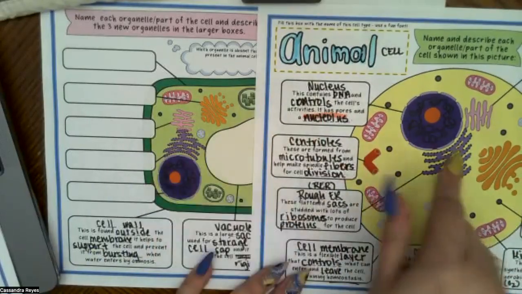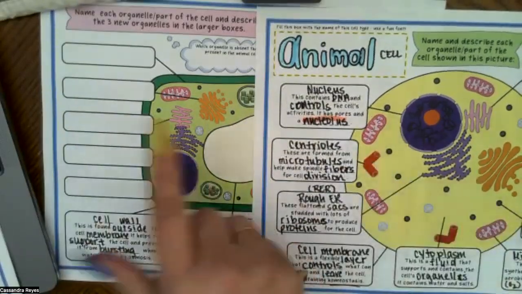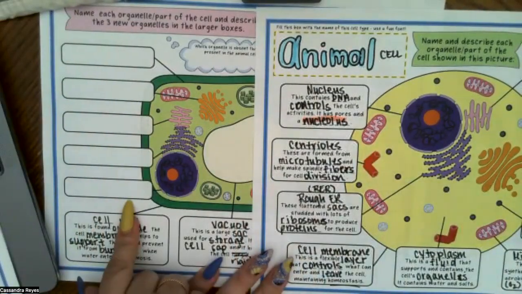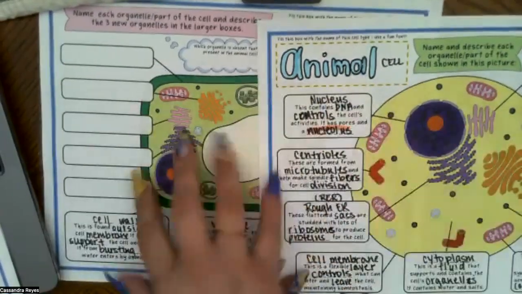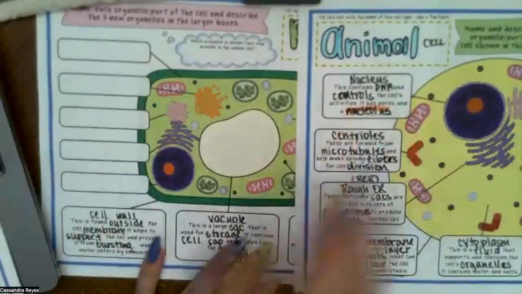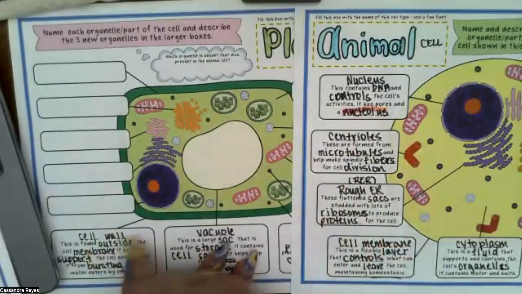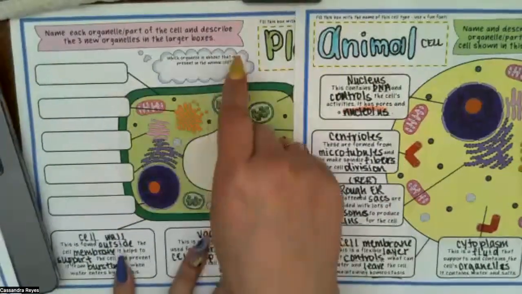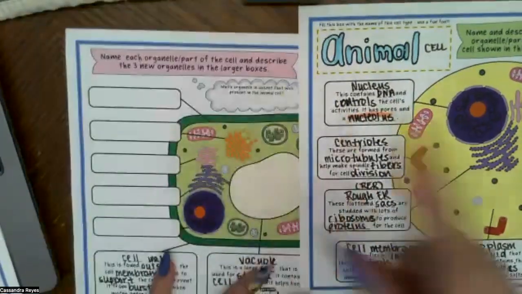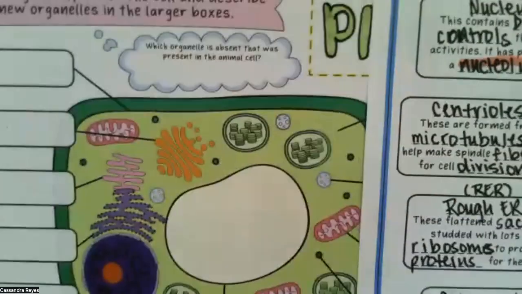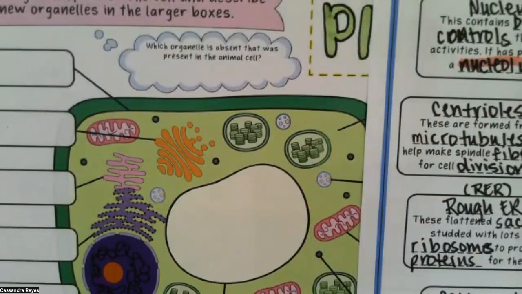What does this one look like? Does that one look like that one? Maybe it's that one. Name the structures here in the plant cell. I want you guys to be able to line everything up. Once you line everything up, you're going to find that there is one that did not make it over, and it's not one that we addressed down here. That is going to go in this little thought bubble, which is asking the question, which organelle is absent that was present in the animal cell.